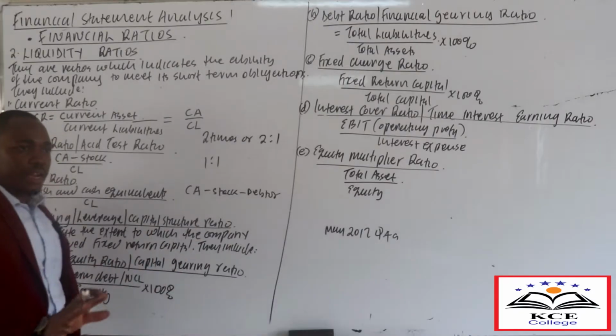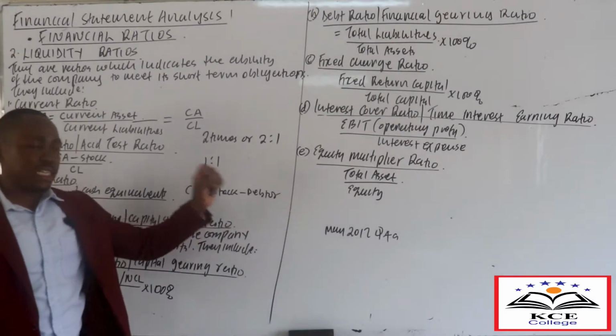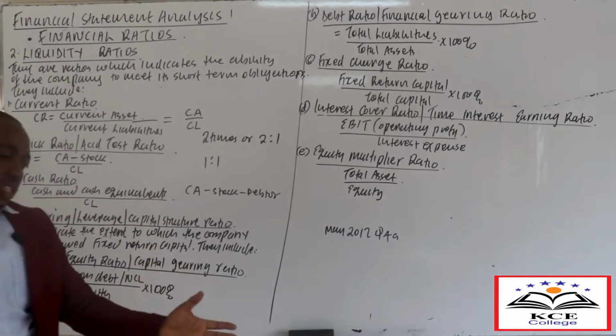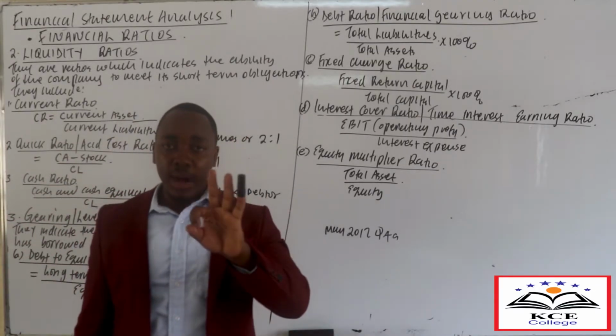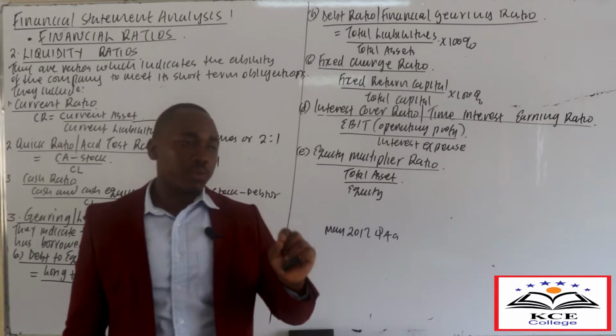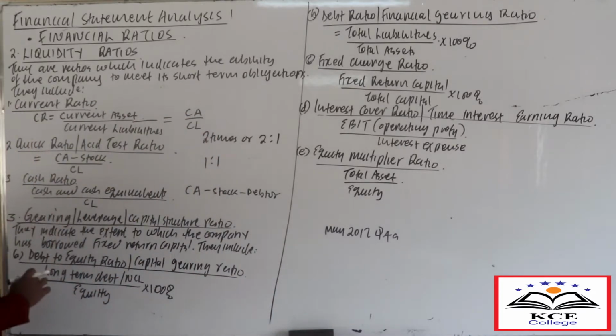So anything under the current asset which is not stock and not debtors. For example, you might have financial assets at fair value, cash, or bank. Those are what we call the cash and cash equivalents. Then you divide by the current liability. What you can note in these ratios is that all their denominators are the current liabilities. So that's the second category of ratios.